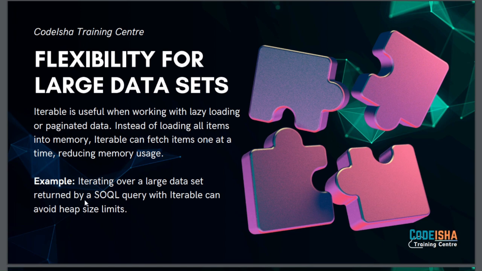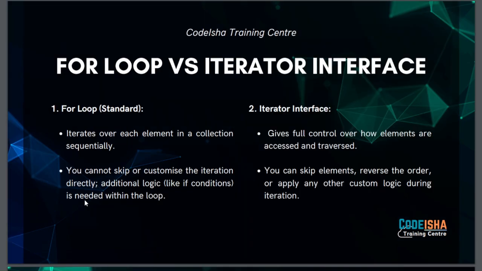Coming to the next one, the for loop versus the Iterator interface. The for loop iterates over each element in a collection sequentially, and we cannot skip or customize the iteration directly. If we need to skip using the for loop, we need to write additional logic within the loop.